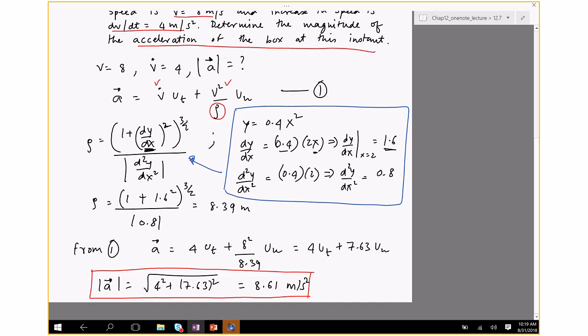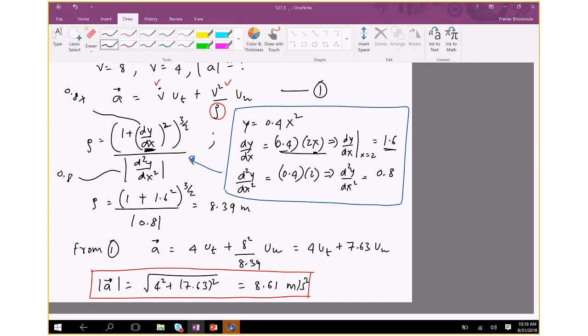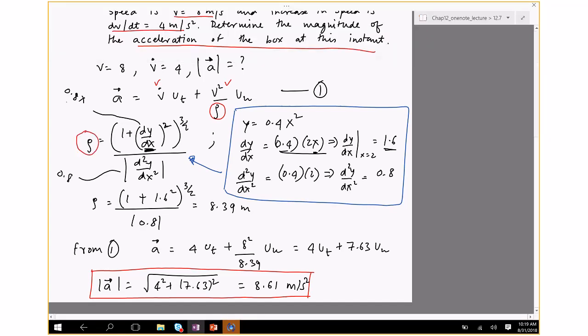Okay, anything else? Is that clear? One thing to note is that d squared y by dx squared is constant, it's 0.8, while dy by dx is 0.8x. So the radius of curvature is going to be a function of x. When you put that value there, it's going to vary with x.